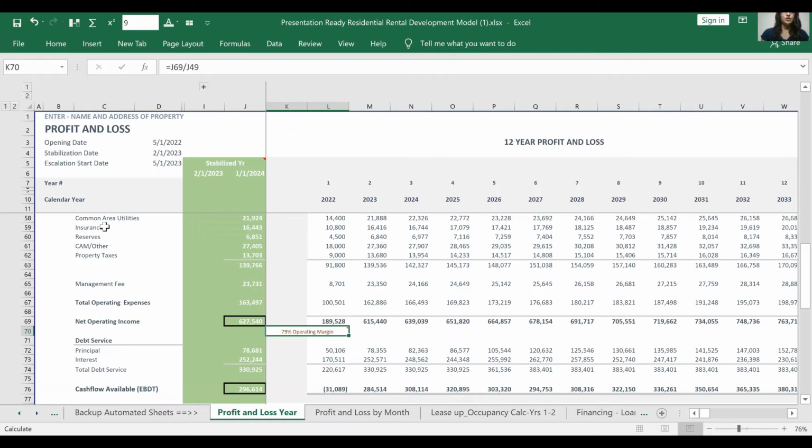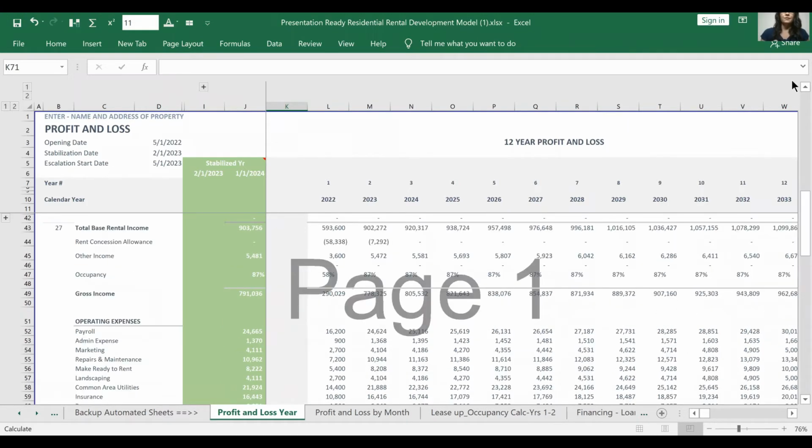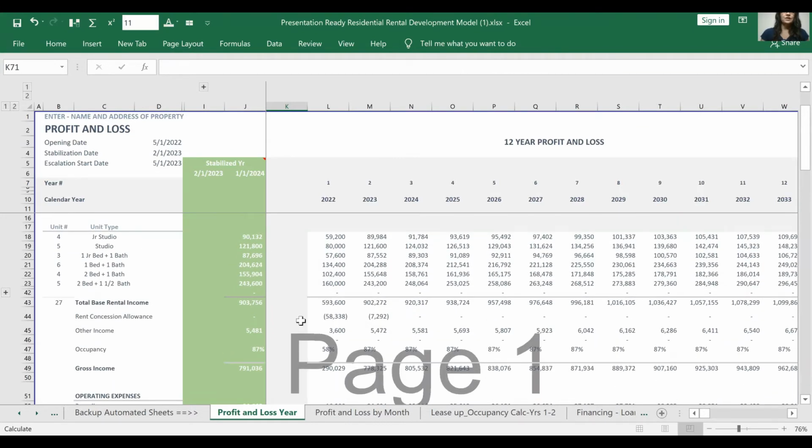That's about where it should be. What this is doing is looking at your net income over your gross income. So you can see how much of it is actually how you're operating, basically.